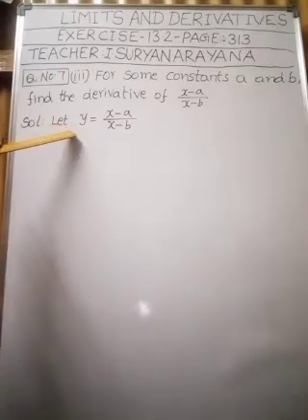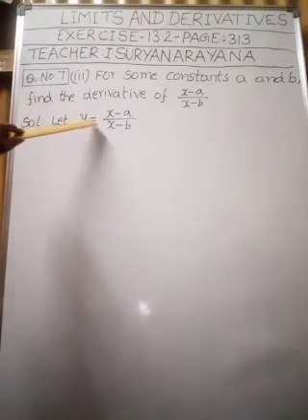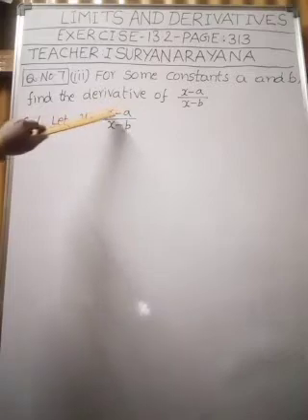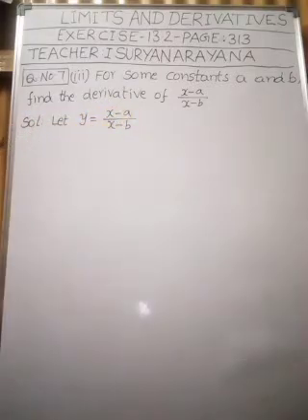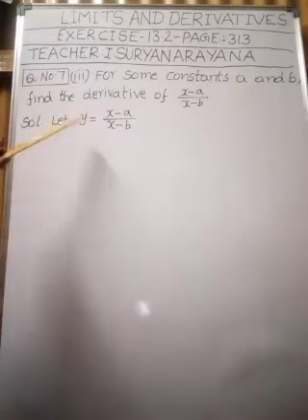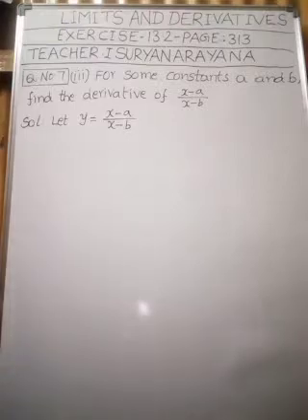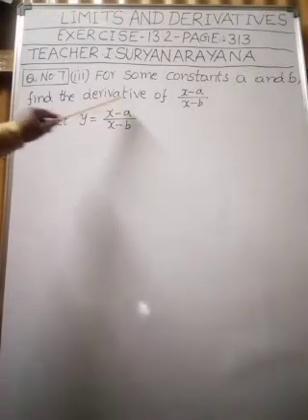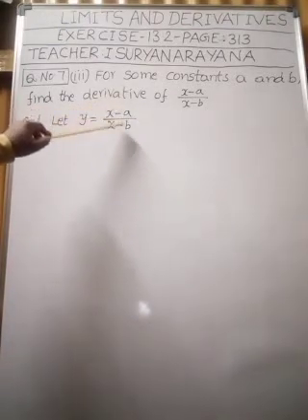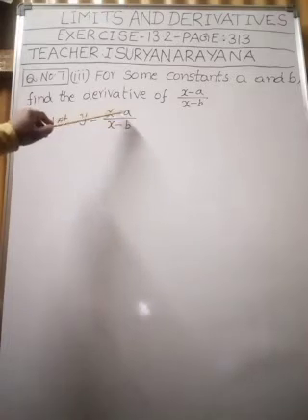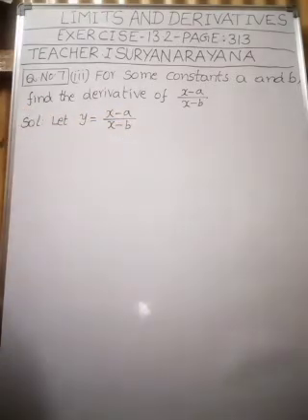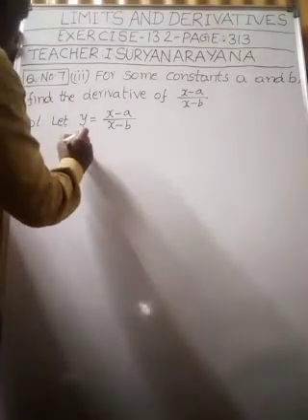Let us assume that y is equal to the given function x minus a by x minus b. Okay, my children, understood this step? Right. If you observe this function, it is in the form of f of x by g of x, numerator by denominator. So we use the u by v rule. Do you remember that formula, my children? Right.